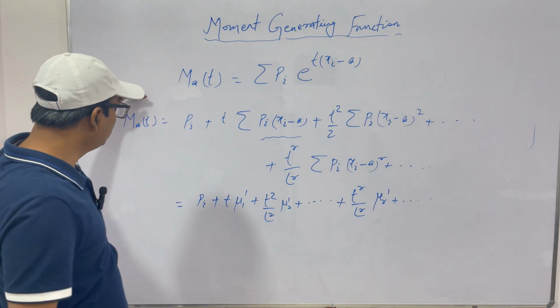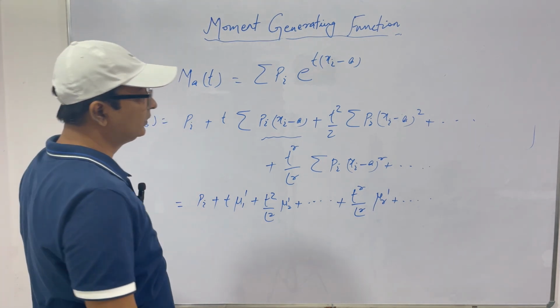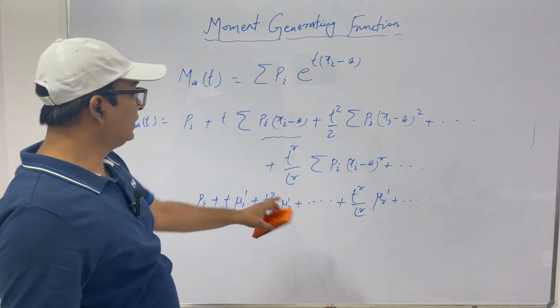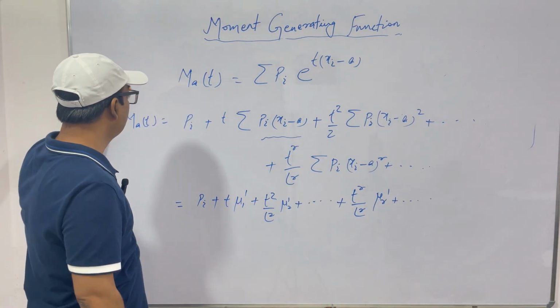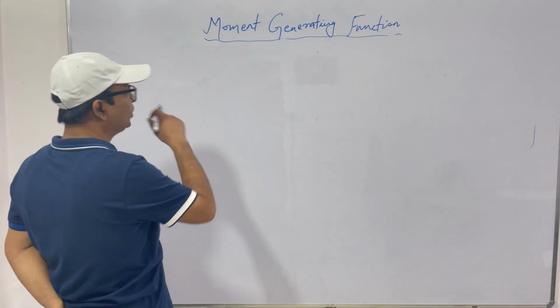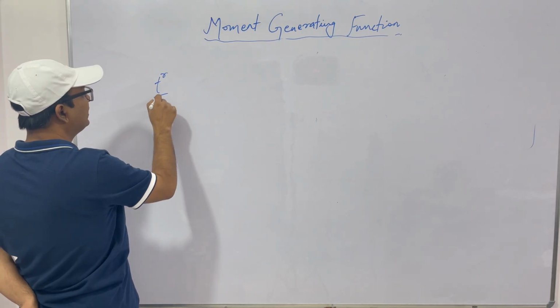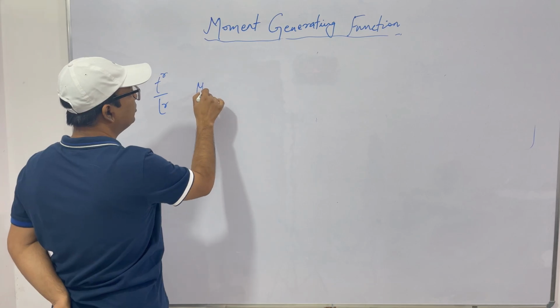Now this is applicable to both the discrete and continuous probability distribution. Clear? Note this down, this is very important. Now we saw that the coefficient for t to the power r by factorial r was mu r dash.